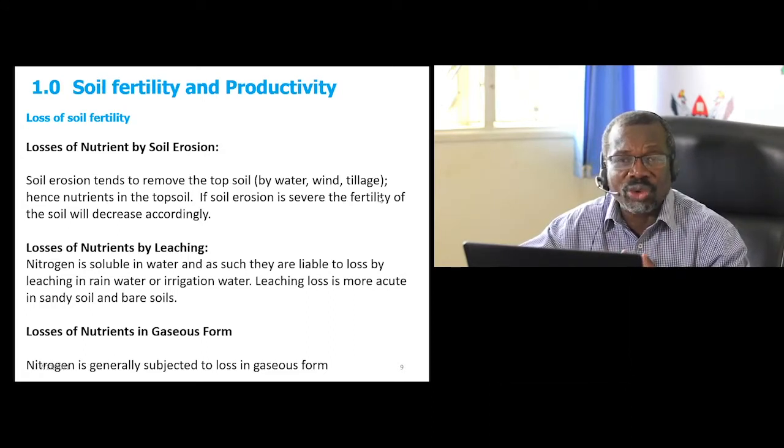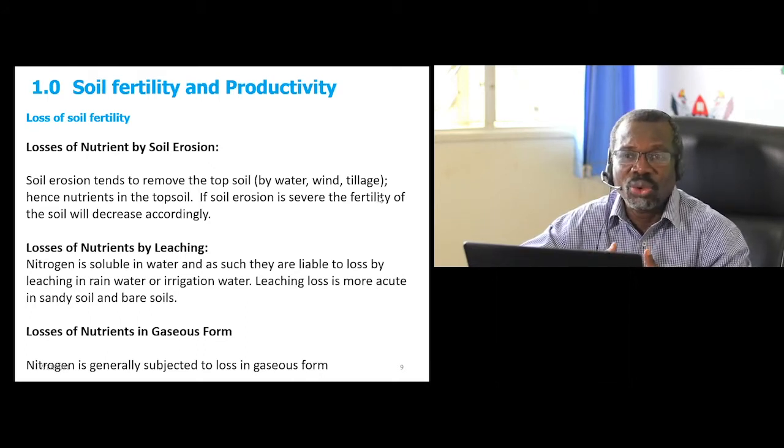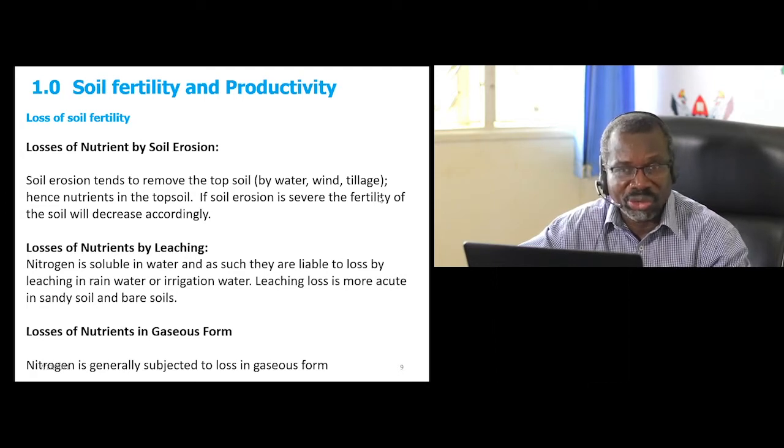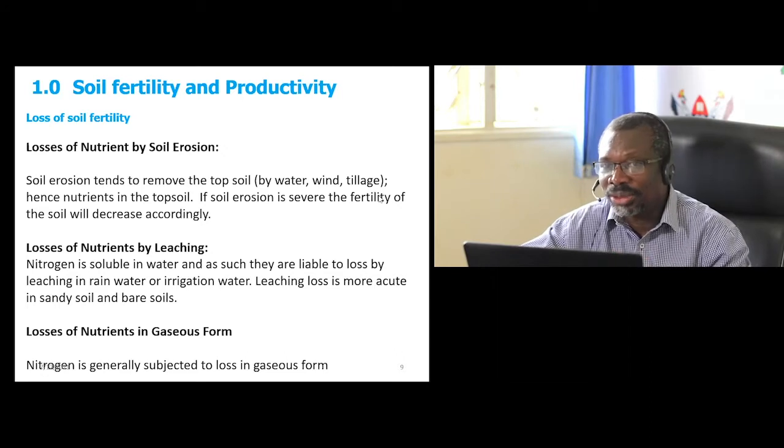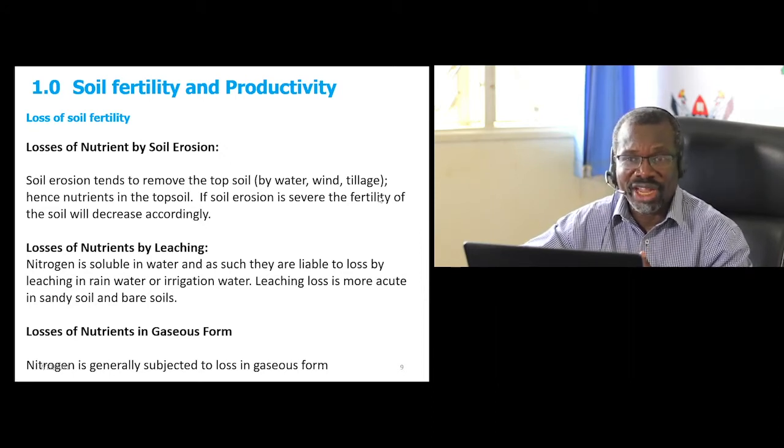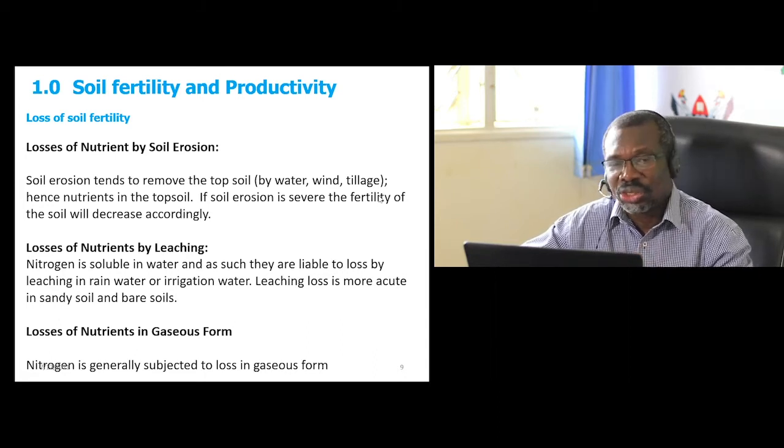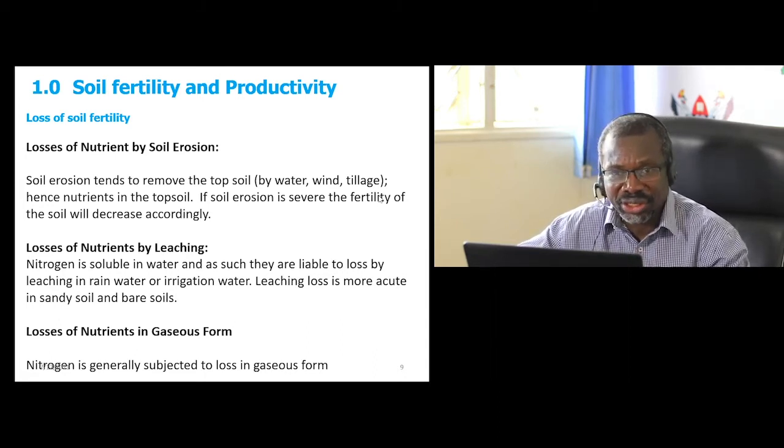So if those particles are removed, then certainly you are losing a big amount of the nutrients. And in most of our soils, erosion is rampant and generally beyond the tolerable values, meaning that with time we actually lose very fast the fertility status of our soil.